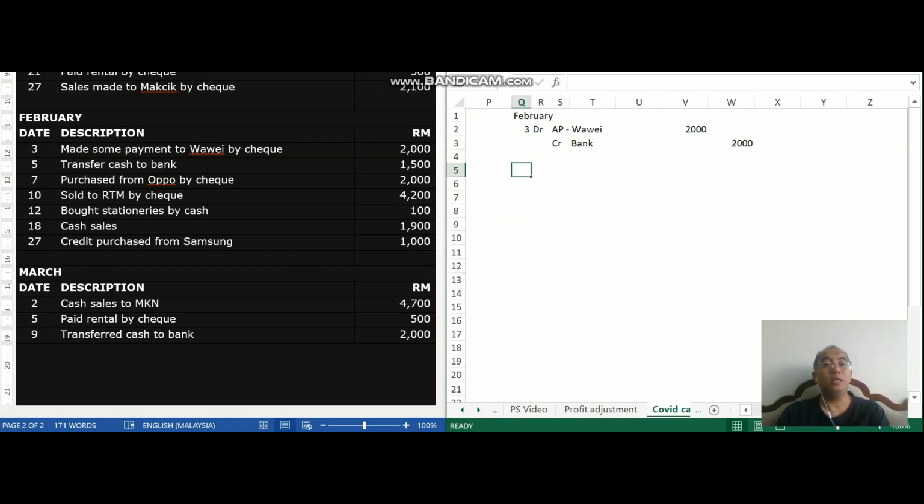Okay, number 5, transfer from cash to bank. This is also considered a bonus question. When you transfer from cash to bank, of course your bank will increase because cash goes to bank. So credit cash. How much? 1,005.